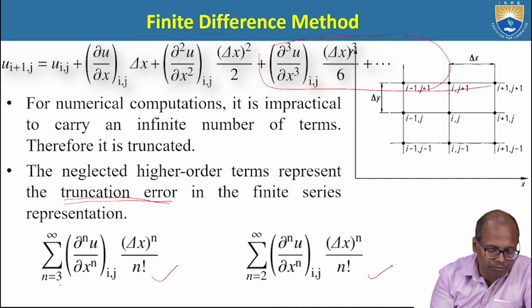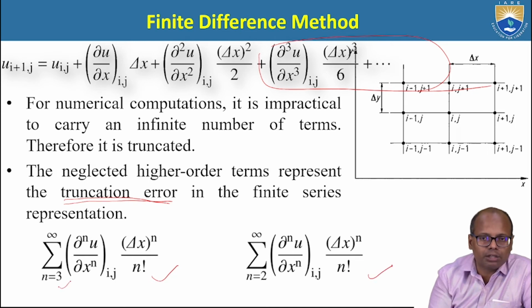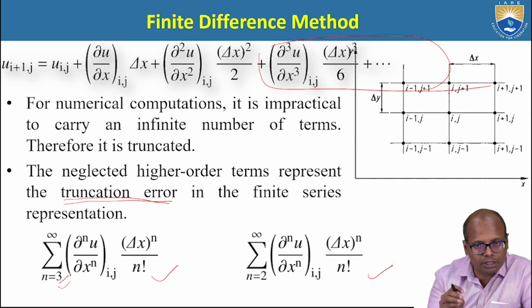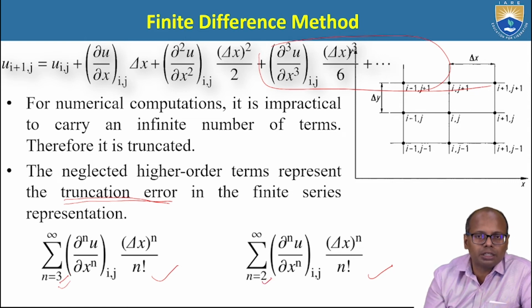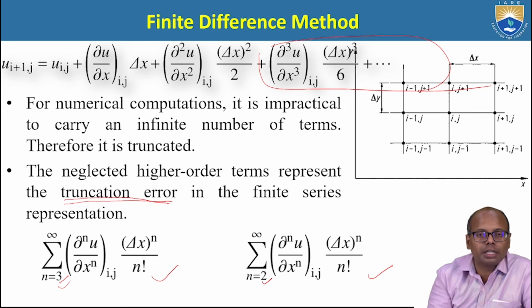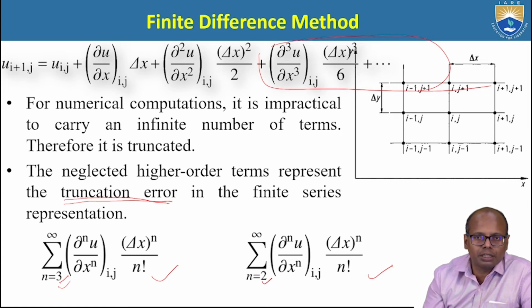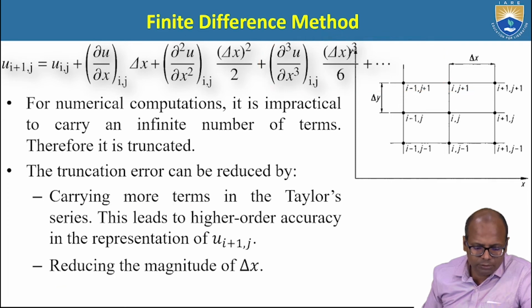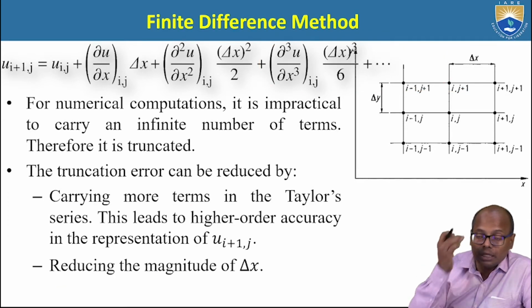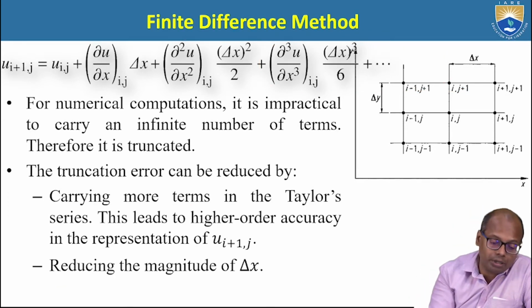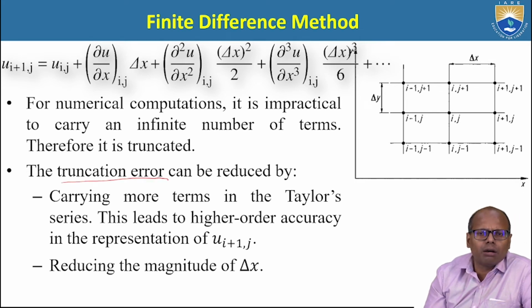So this is the second order accuracy. I am getting second order accuracy, so the third order terms are neglected. If I am getting the first order accuracy, I am neglecting the second order terms in the Taylor series. So this is the designation that we are giving for the truncation error. The requirement is to minimize the truncation error or to increase the accuracy.